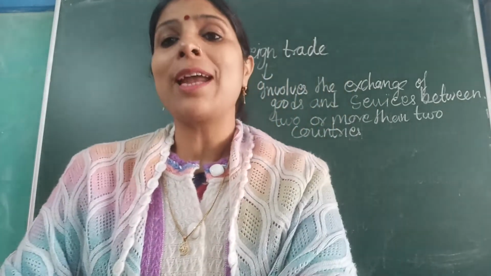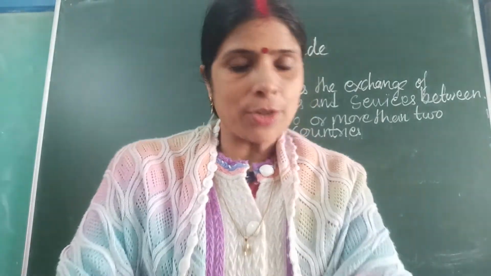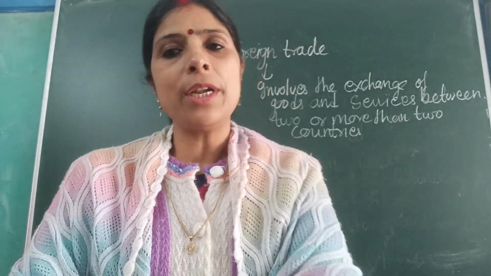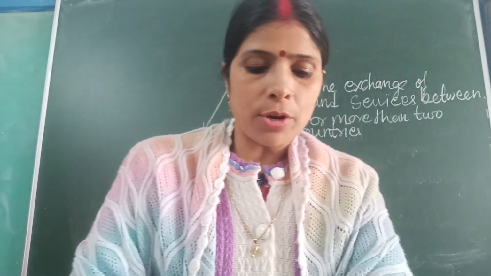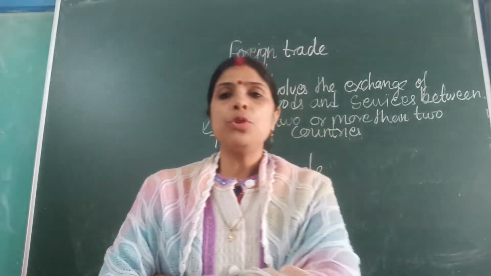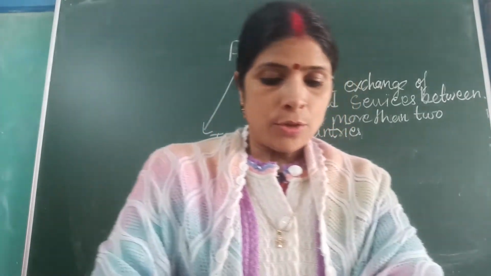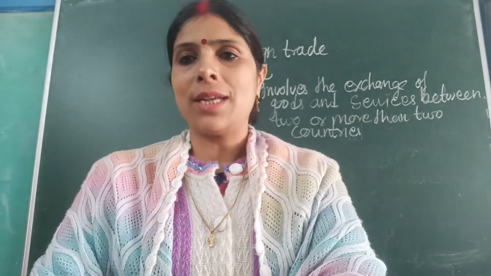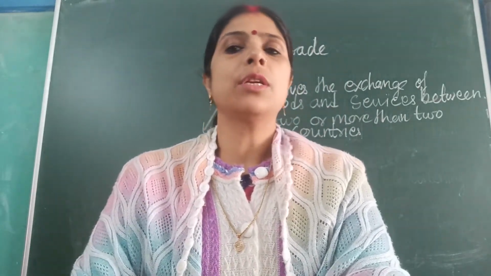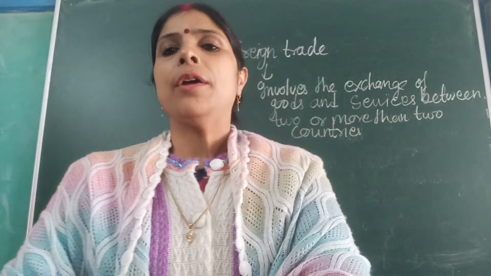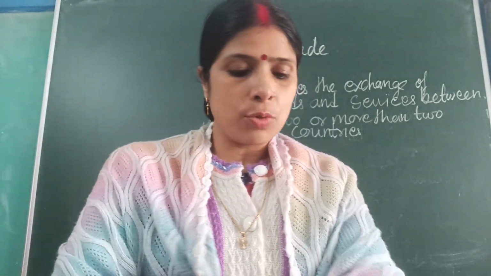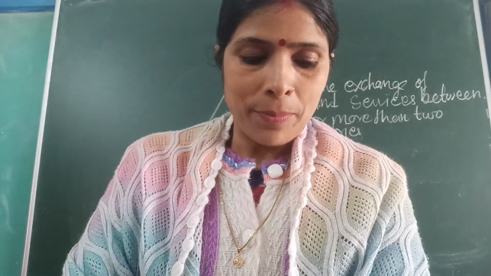India has a specific advantage in the production of jute and tea. So India is exporting these commodities, jute and tea, to UK. Here we can say that India is self-sufficient in producing jute and tea, and exporting them to a country like UK.